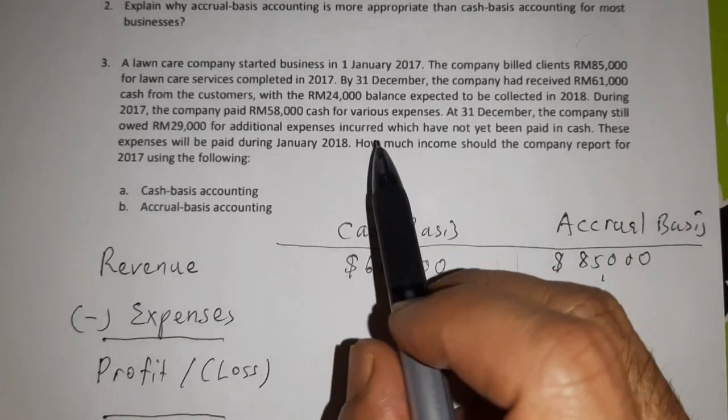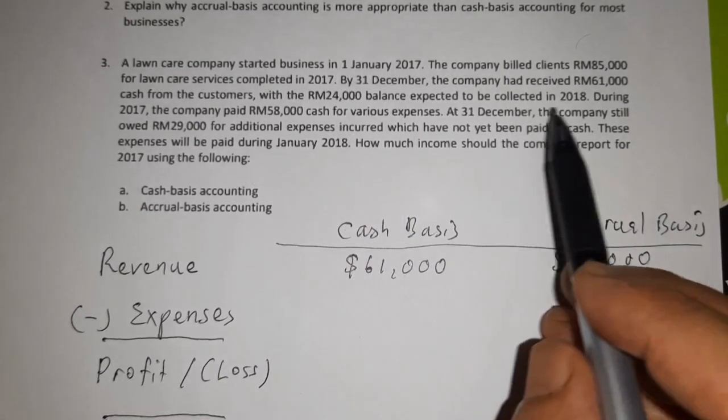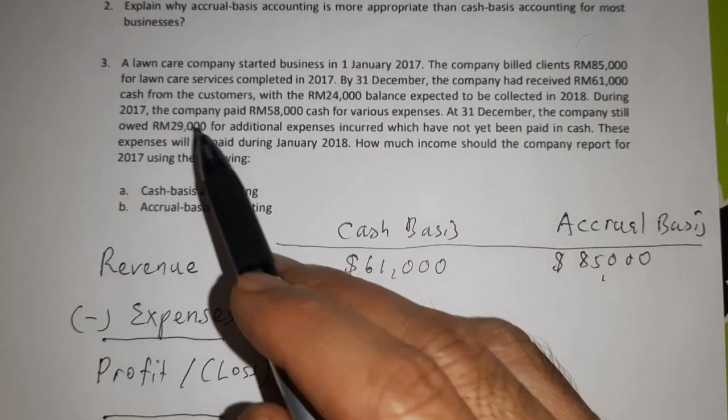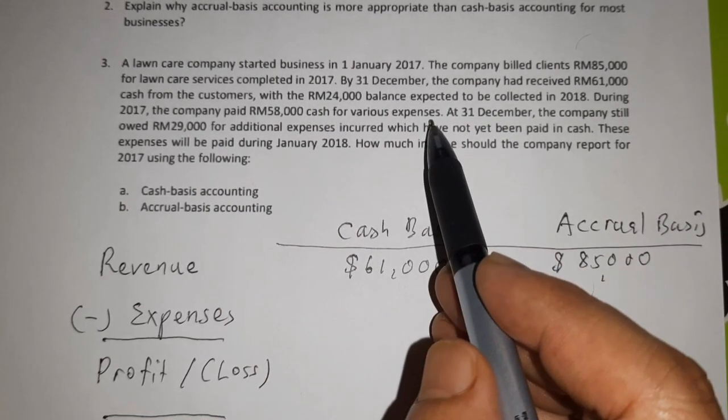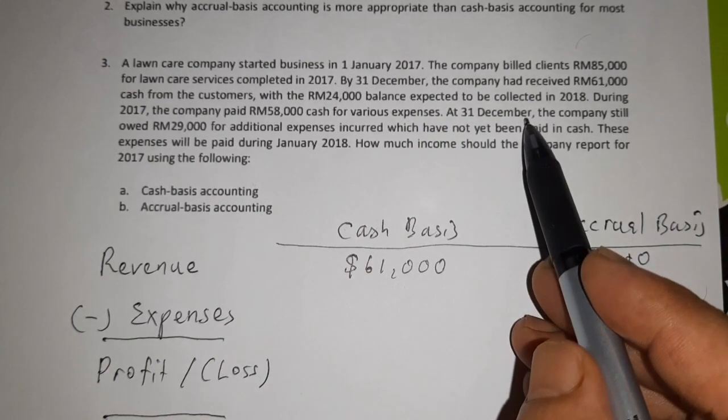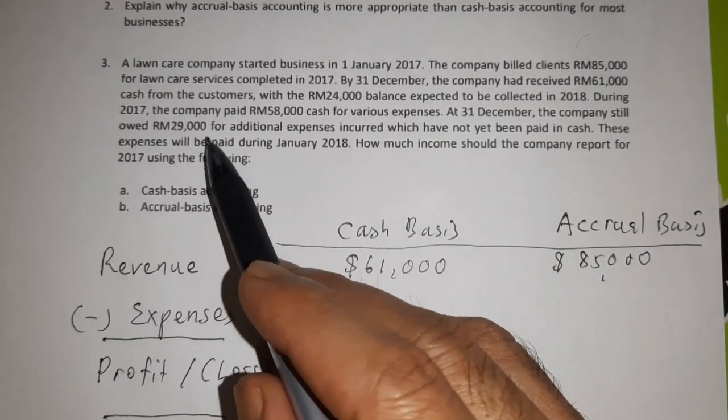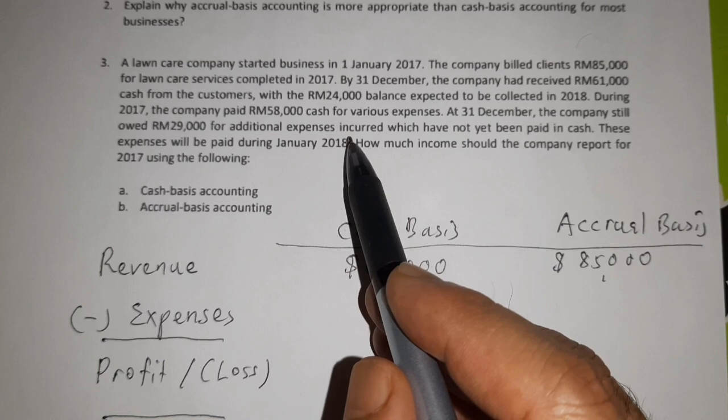So see the data here. During 2017, the company paid 58,000 cash for various expenses. At the end of the year, the company still owed 29,000 for additional expenses.